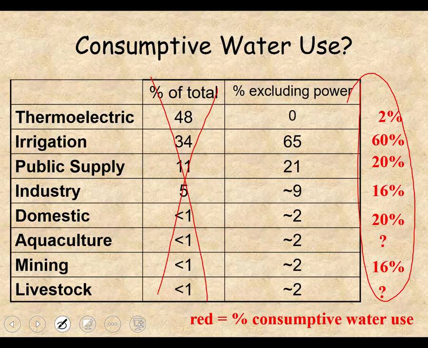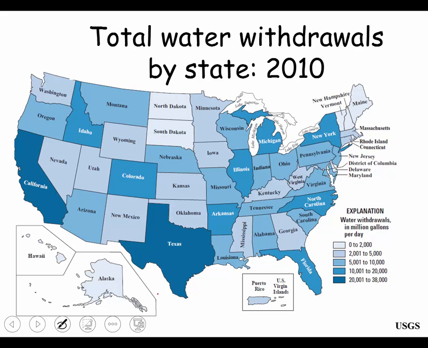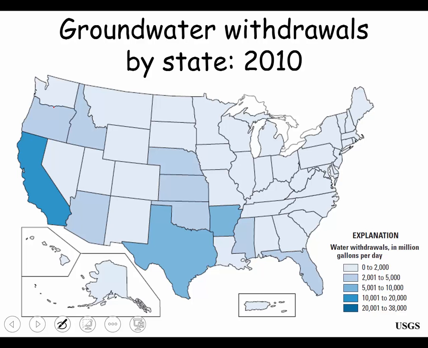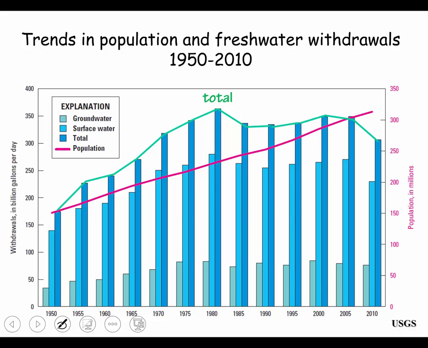Okay, so thank you. Texas and California use more water withdrawn, and in particular groundwater, than any other state. It varies a lot regionally, as you might expect. It varies in part by population, but here's the interesting thing.